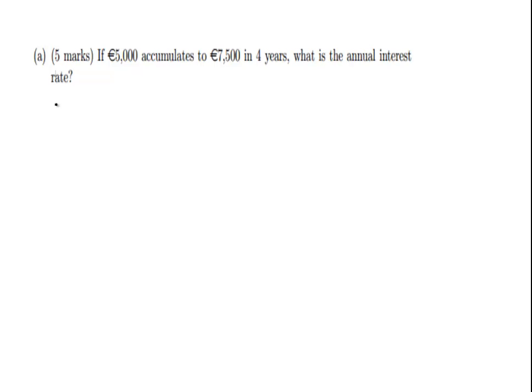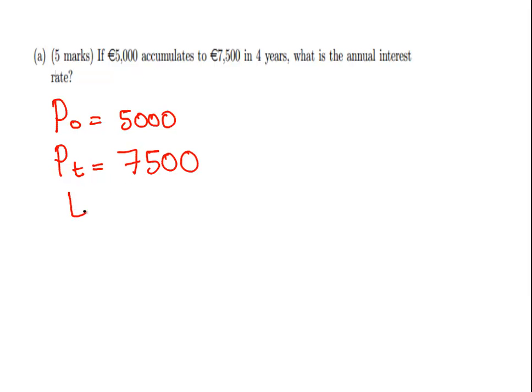P0, the initial value, is 5,000. Pt, the value at the end of the period, is 7,500. And finally, t is 4 years. But we're interested in the interest rate, so we'll call that I.